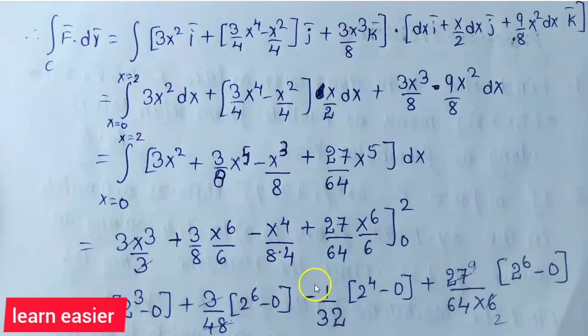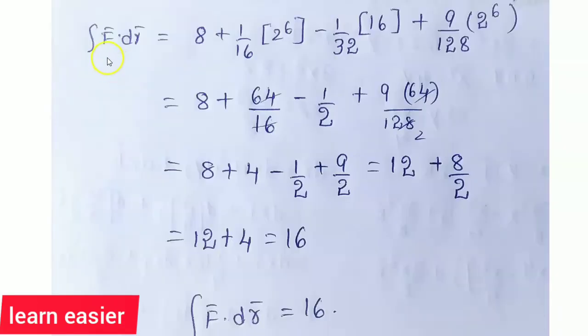And here we have minus 1 by 32 into 2 power 4 minus 0 after substituting upper and lower limits, and plus 27 by 64 into 2 power 6 minus 0, because the upper limit is 2 and the lower limit is 0. After cancellation we have 3 16s, that is 1 by 16 here, and here we have 3 9s and 3 2s, that's why here we have 9 by 128.